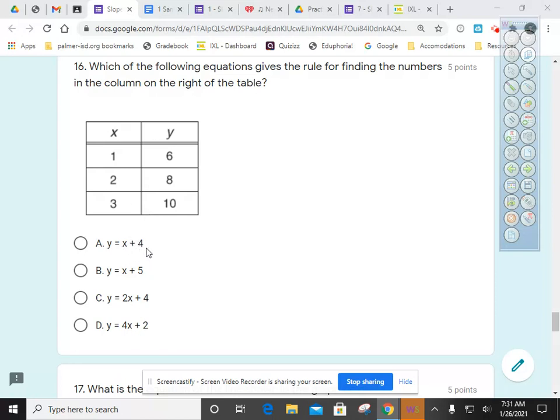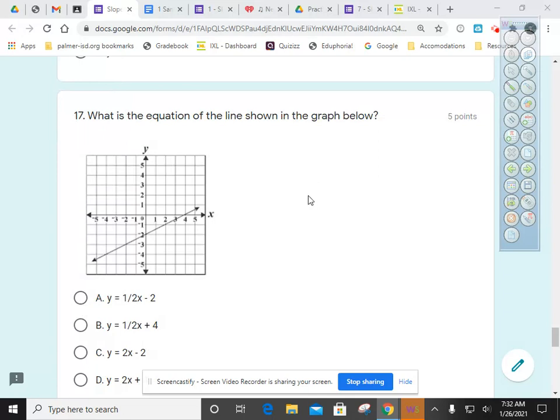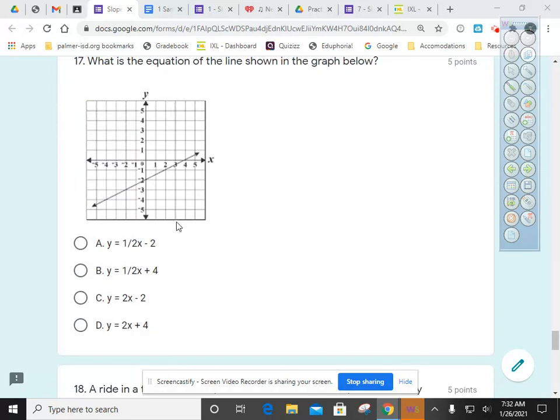A, y equals x plus 4, fill in the y, fill in the x. B, y equals x plus 5. C, y equals 2x plus 4. D, y equals 4x plus 2. I would use the 2 and the 8 and then the 3 and the 10 to make sure you get the right answer.